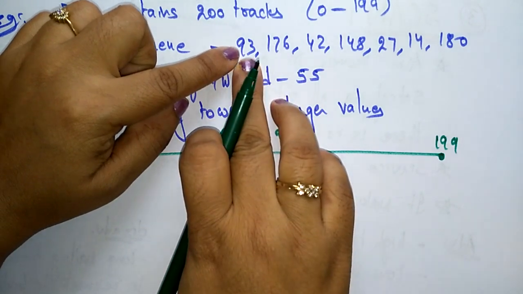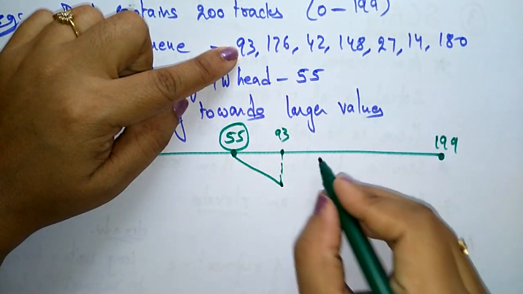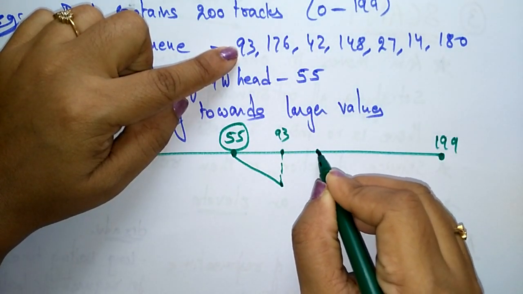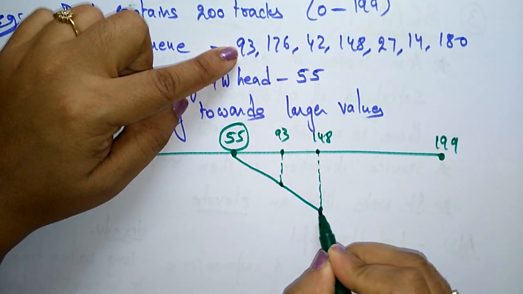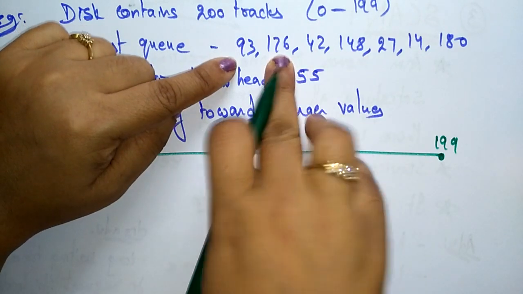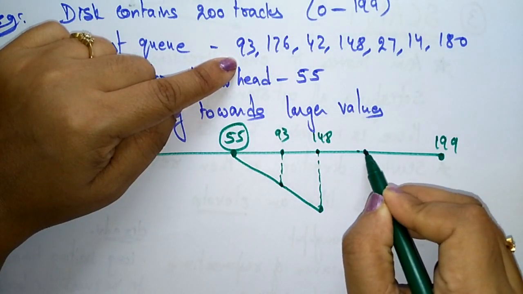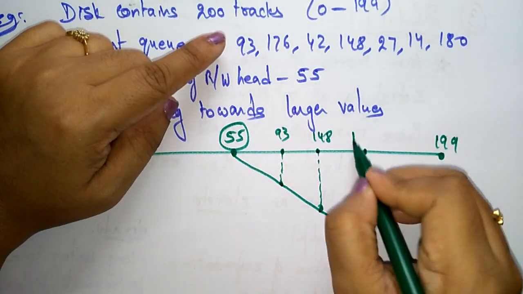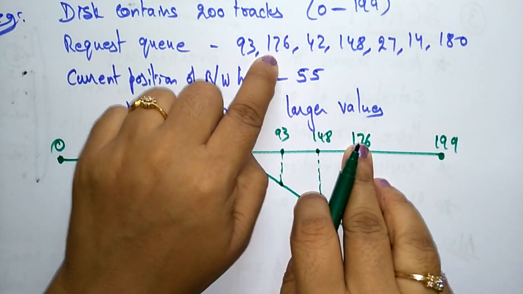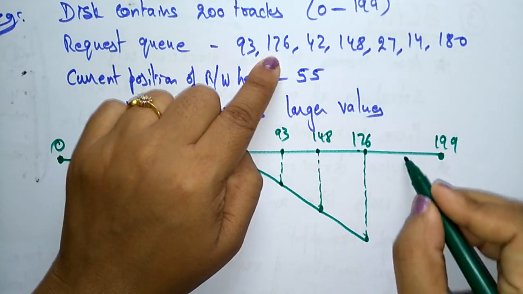After 93, the next larger value is 148. Next larger value is 176, and the next larger value for 176 is 180.